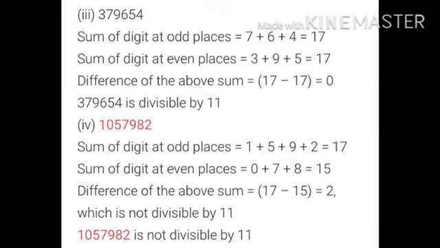Difference of the above sums is 17 minus 15, which is equal to 2, and 2 is not divisible by 11. So 1057982 is not divisible by 11. I put the solution of these two, which I explained, so if anyone is feeling difficulty writing down the statement, they will understand and write like this.